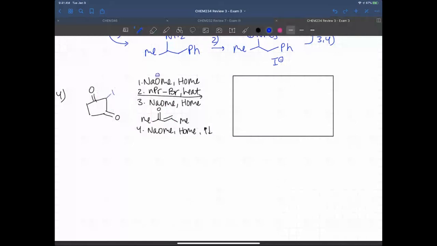The base is going to deprotonate the hydrogen here. So, okay, just draw my enolate. Right, and then I just have an addition here. So I know that I'm going to get this product, and just N-propyl with my ketone here. Okay, and then the base is going to come in again to deprotonate this one here.